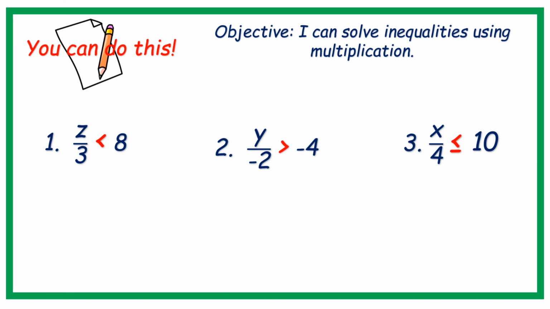X divided by 4 is less than or equal to 10. Number 4. W divided by negative 3 is greater than or equal to negative 11. And number 5. V divided by 3 is greater than 9.